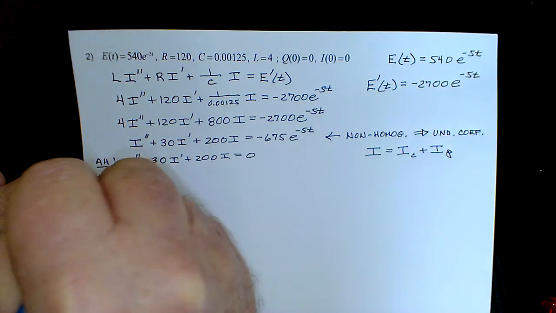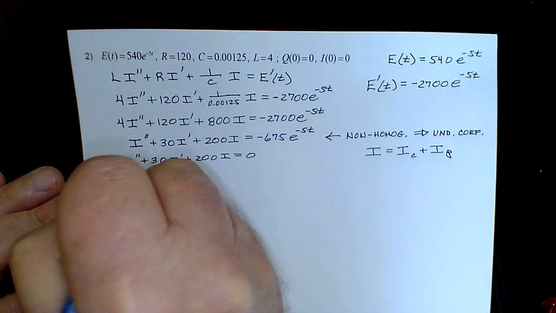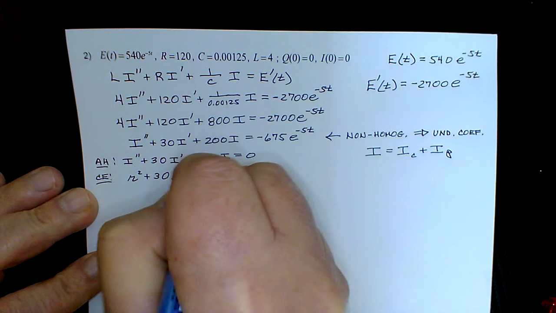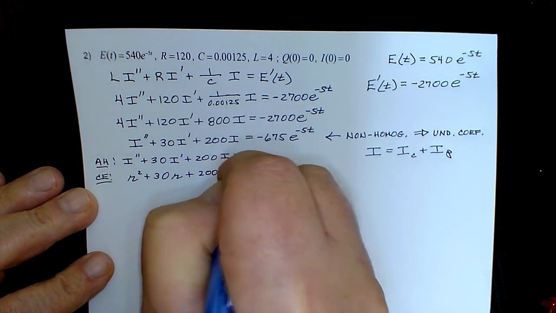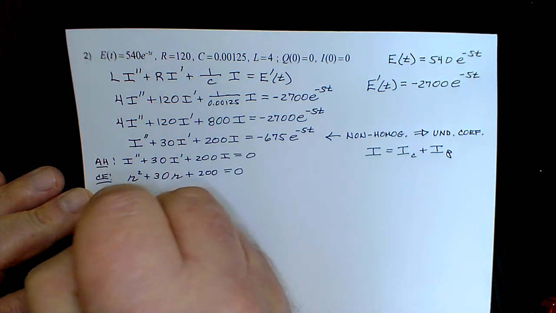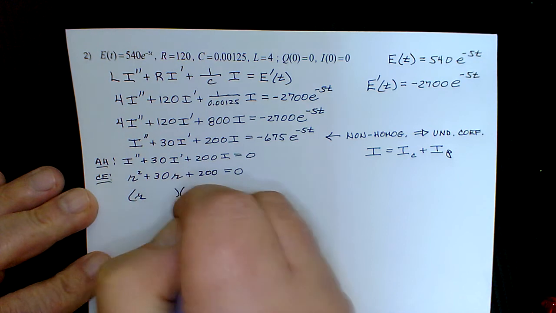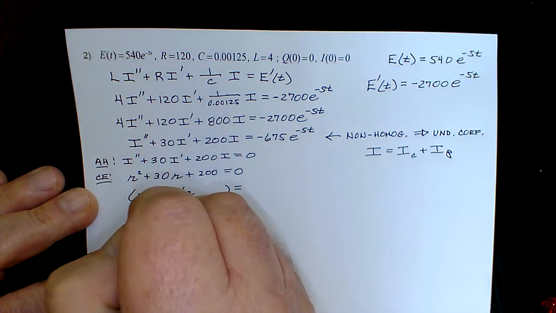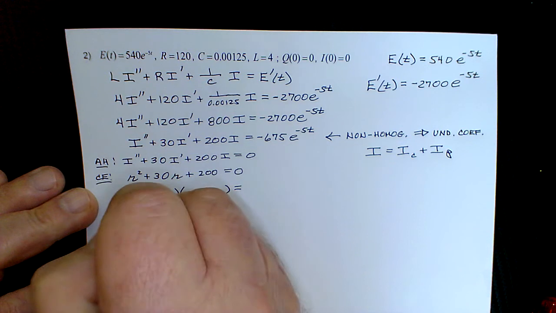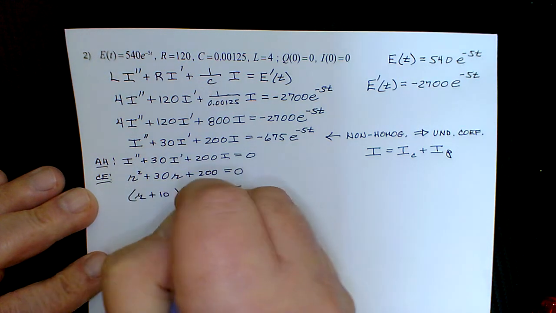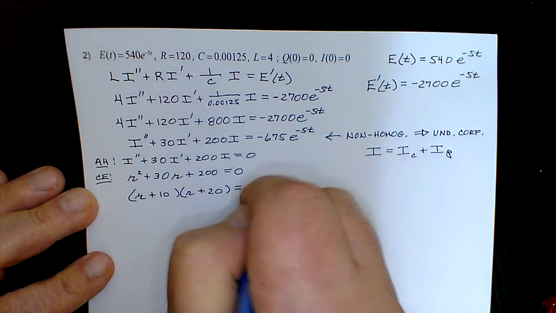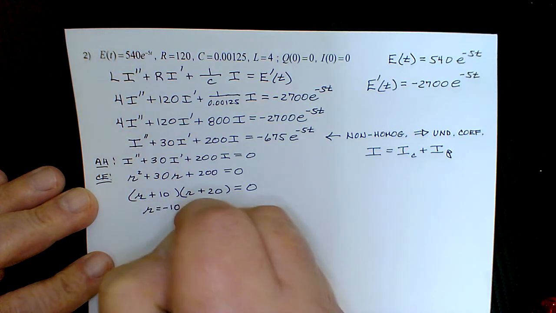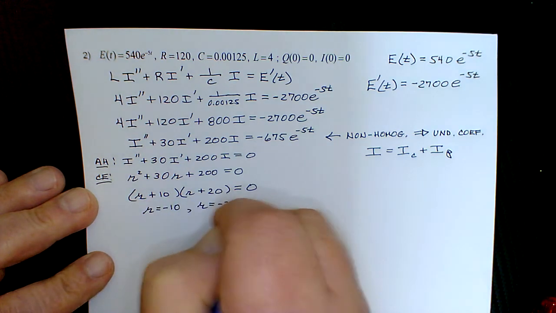Our characteristic equation, r squared plus 30r plus 200 is 0. I promise yours will work out just like my examples, where they're nice and factorable. As we get here, if we use r plus 10, r plus 20, it works. So r is negative 10 and r is negative 20.